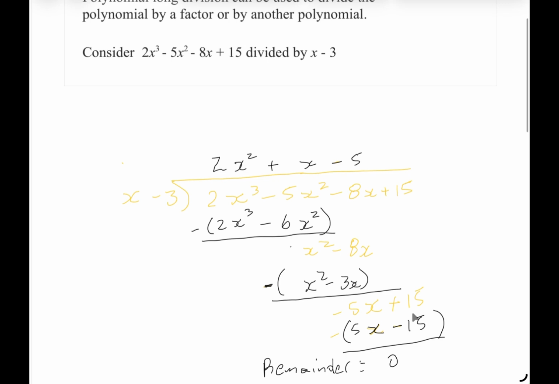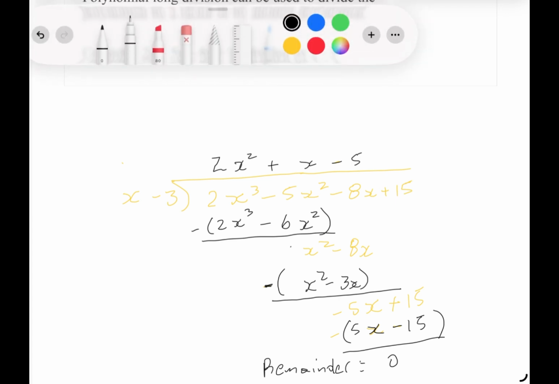We divide the negative 5x by x, and that gives you negative 5. You're going to multiply negative 5 now by the x, and that gives you negative 5x.